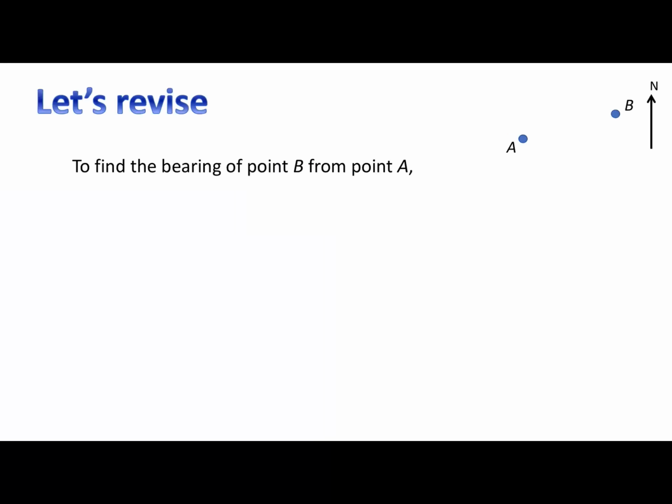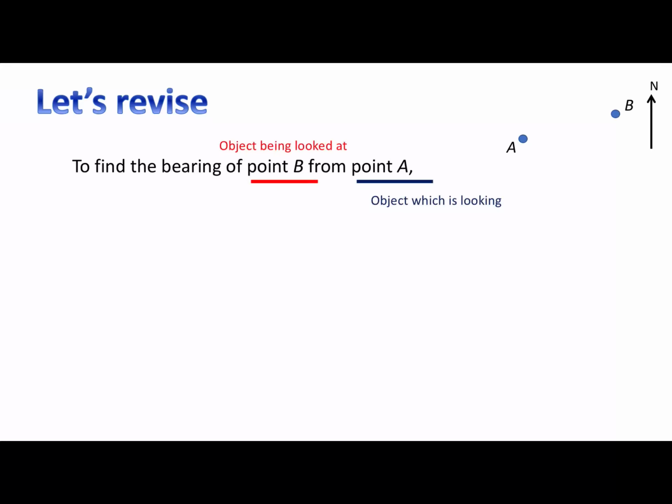So let's revise. There is a lot of information that you have obtained up till here. So slowly, to find the bearing of point B from point A, identify which object is which. Point A is the object which is looking.